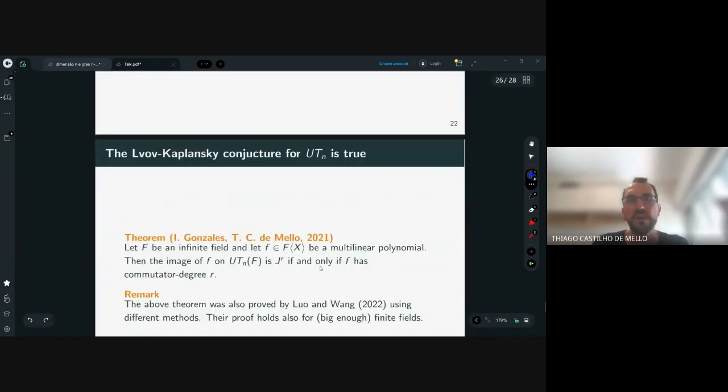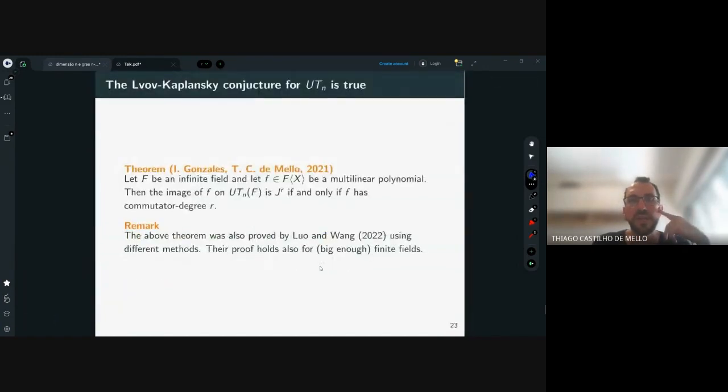And with that, we were able to prove that the image of an arbitrary multilinear polynomial on upper triangular matrices is exactly J to the R, where R is the commutator degree of the polynomial. And here, of course, we have the restriction of the field being infinite.